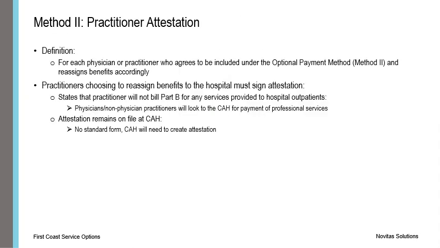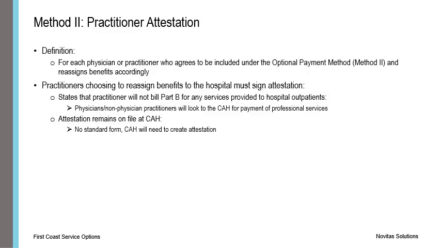Method 2, Practitioner Attestation. For each of our physician practitioners who agree to be included under the optional payment method, Method 2, reassign benefits accordingly. Practitioners choosing to reassign benefits to the hospital must sign an attestation. It states that the practitioner will not bill Part B for any services provided to hospital outpatients.